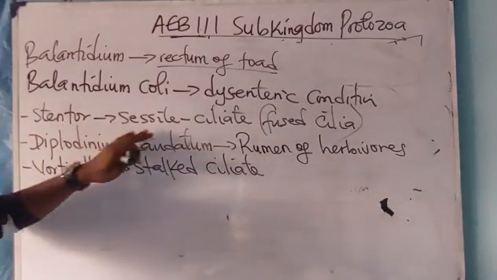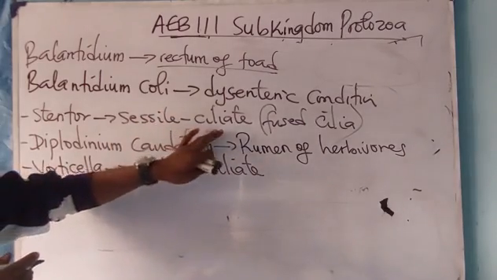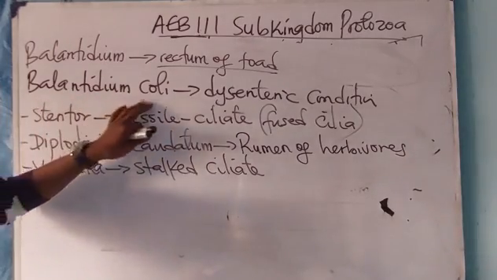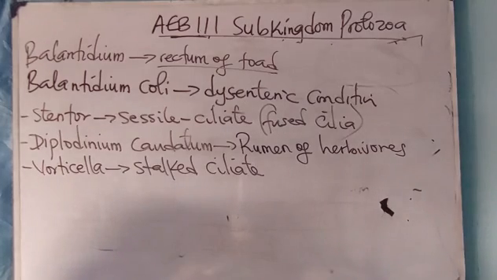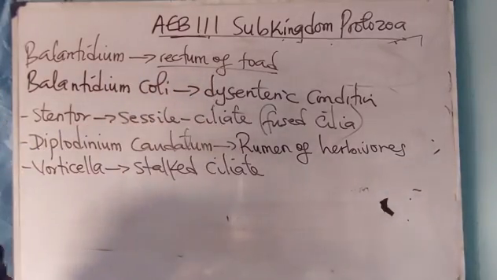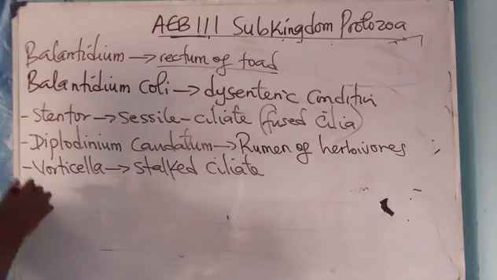Then Stentor is sessile, that is, it does not move, a sessile ciliate having fused cilia. Then you have Balantidium coli, which causes dysentery, and another Balantidium found in the rectum of the toad.